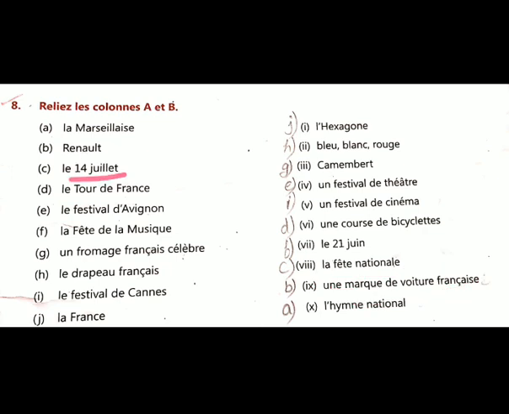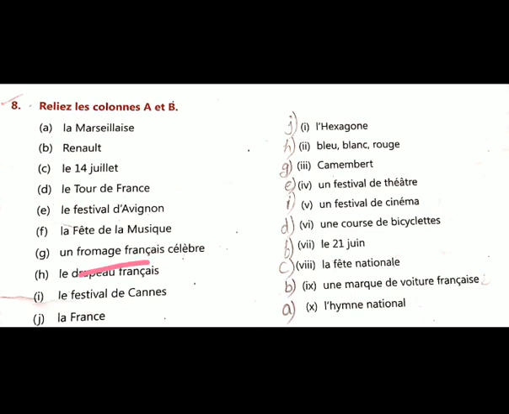14 July is a national festival of France. Le Tour de France is a cycle race. I told you in the chapter also. Le Festival d'Avignon is a festival of theatre. The Fête de la Musique is celebrated on the 21st of June.